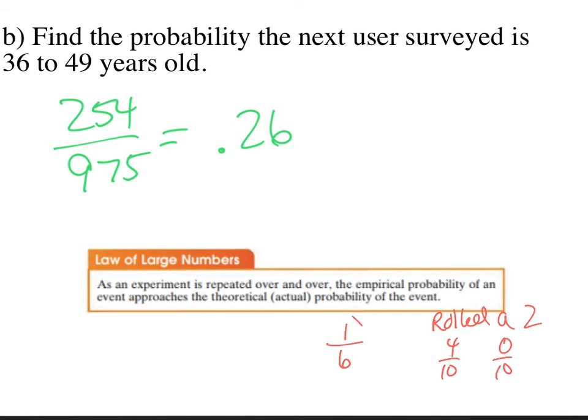It's not going to be this 1/6. If you rolled it 100 times or 1,000 times or 10,000 times, the more you conduct the experiment, or if you're surveying people, the more people that you're surveying, the closer you get to the theoretical probability.